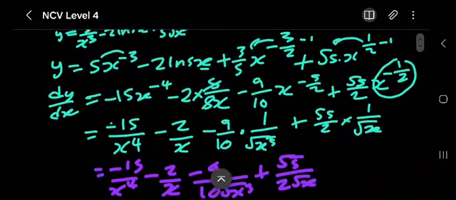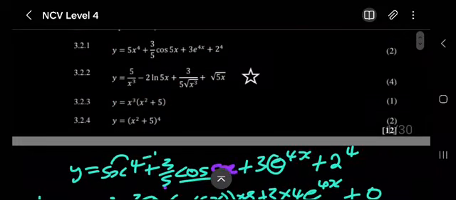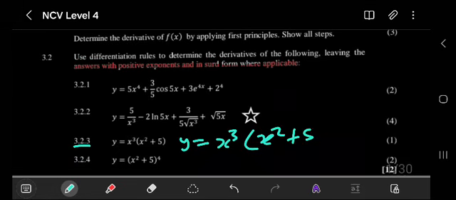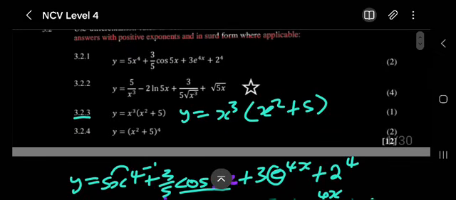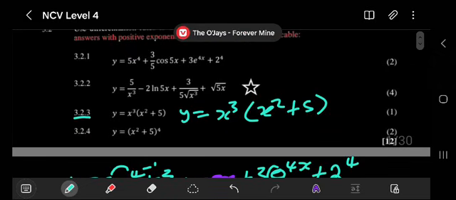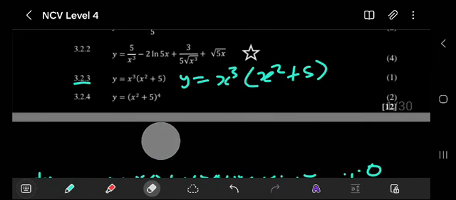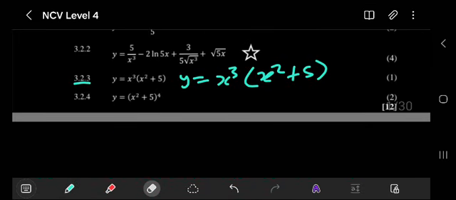This is how you go about calculating this. So here we have again y is equals to, like that, into x squared plus 5. So here guys, as you can see there, just distribute this there.